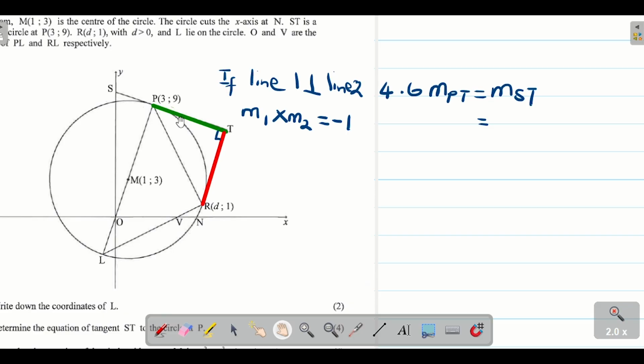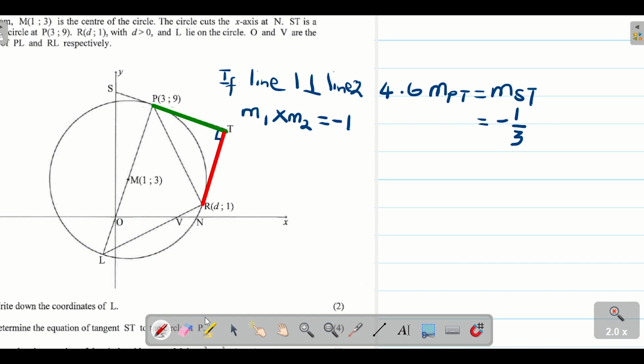They are on the same line, so the gradient is the same. And in the earlier questions, we worked out the gradient of ST to be -1/3. So now all we need is the gradient of TR. But we are gonna have to work a bit to find it because we don't have 2 points.